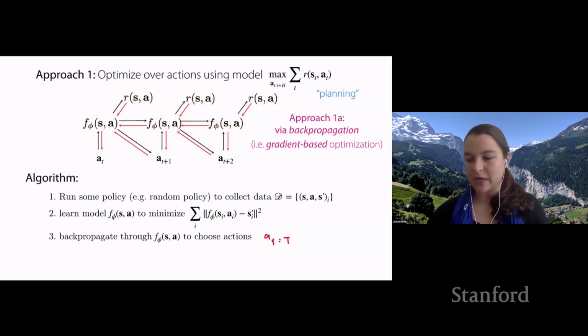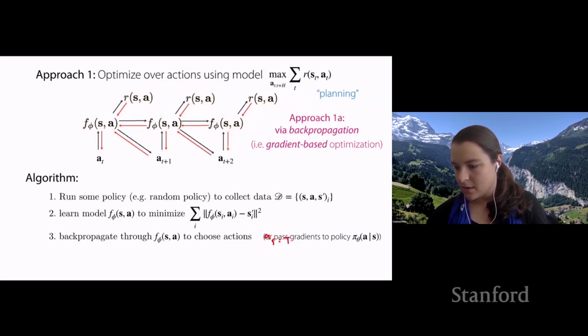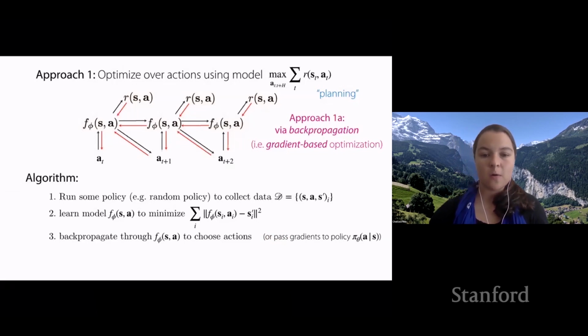And then you execute those actions. You can backpropagate to just choose those actions directly and execute them directly, or you could pass those gradients into a policy and optimize over the parameters of this policy. Any questions on how this works at a high level?